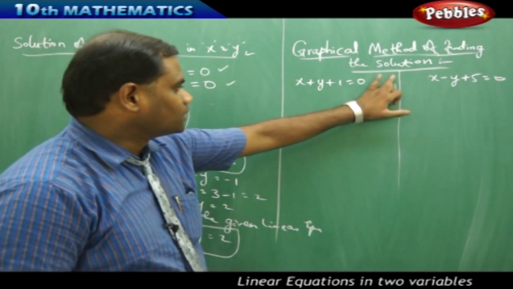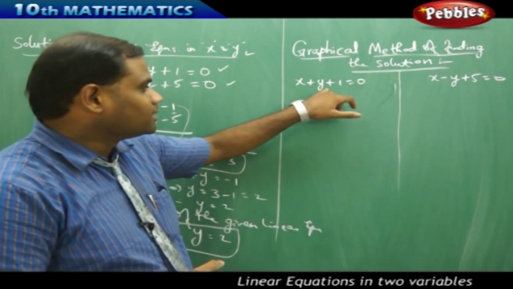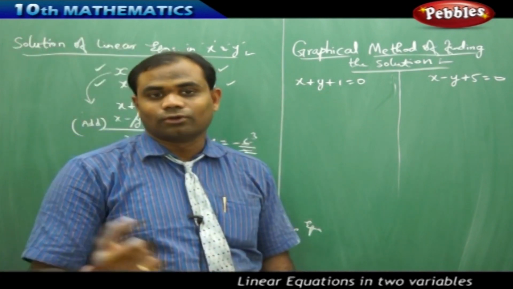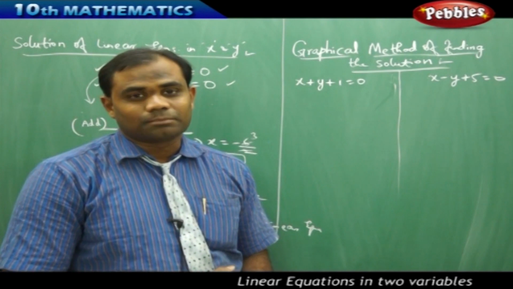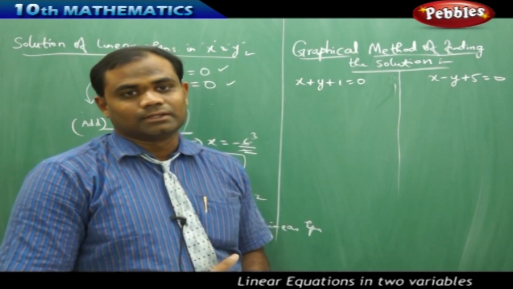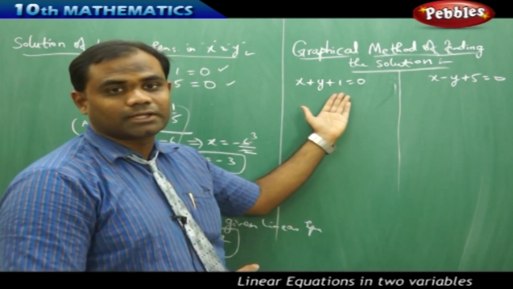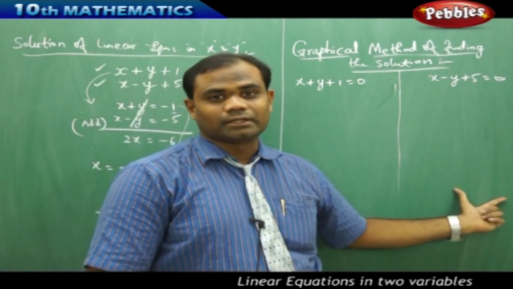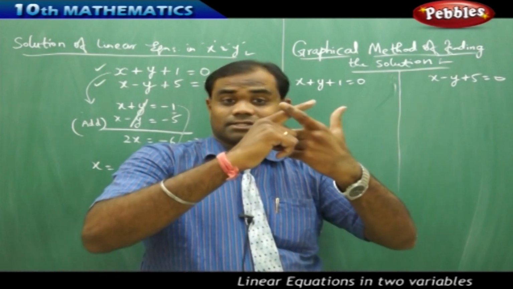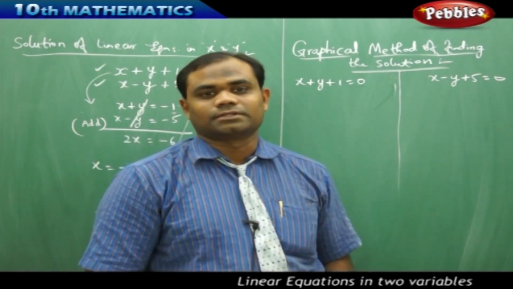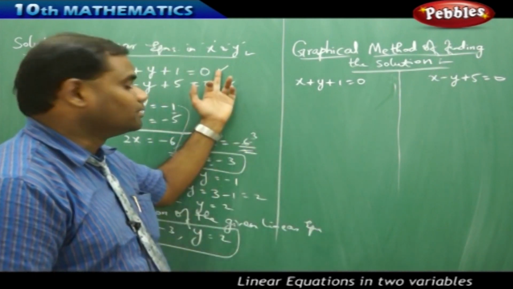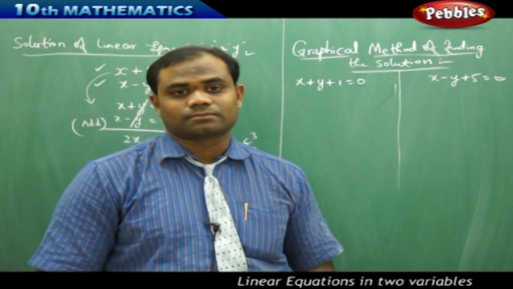Now as I clearly know that this is a linear equation, as we discussed in the polynomial session, a linear polynomial is a straight line. Therefore, when I graph this on an xy real coordinate system, I get a straight line, and when two lines intersect, that point of intersection is nothing but the solution of the two given linear equations in two unknowns.